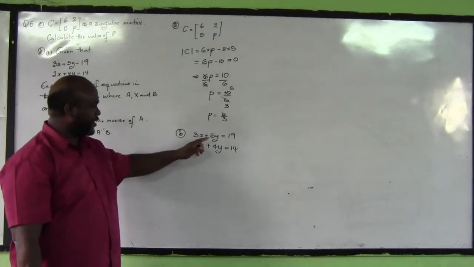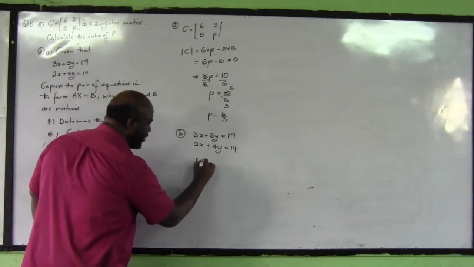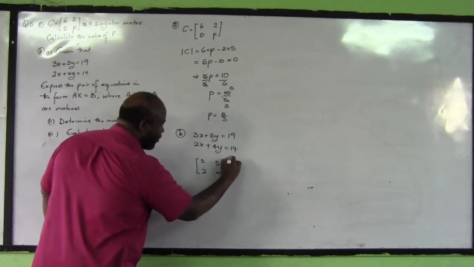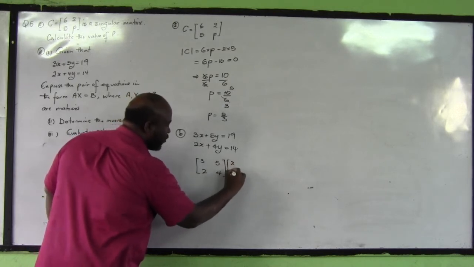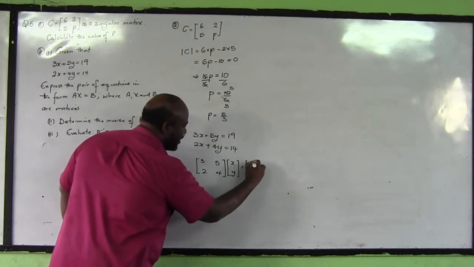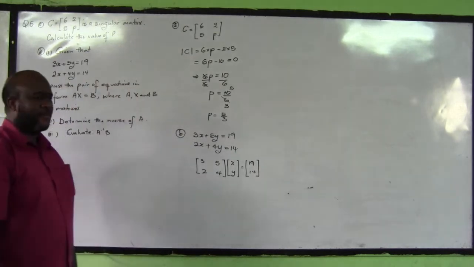I'm going to take the coefficients of x and y. The coefficients would be 3, 2, 5, 4, multiplied by (x, y), and that is equal to (19, 14). Alright?